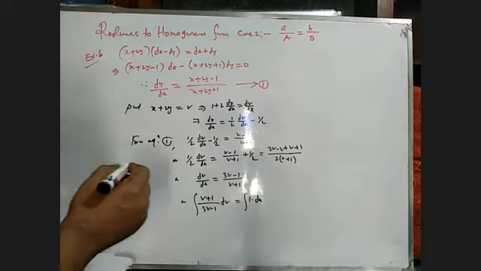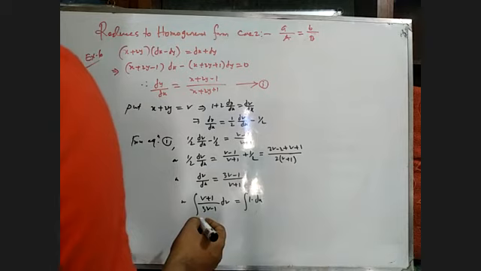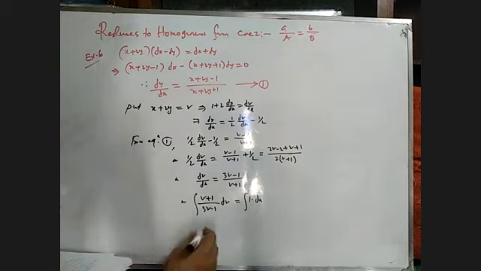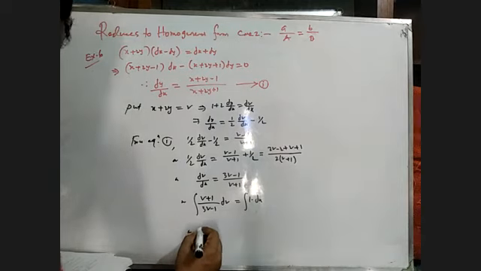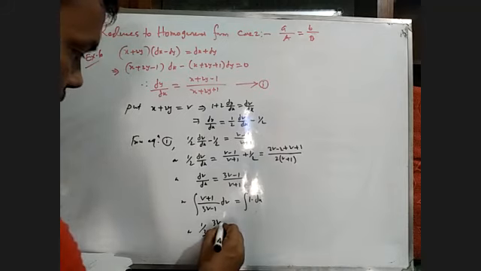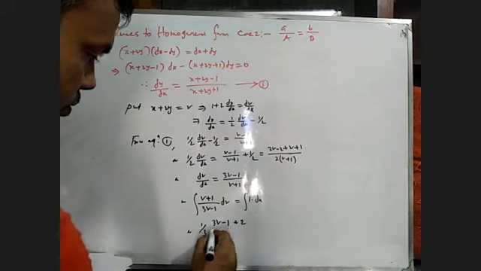Just separating the variables and integrating on both sides. So this can be written as, taking 1 by 3, (3b minus 1) plus 2.